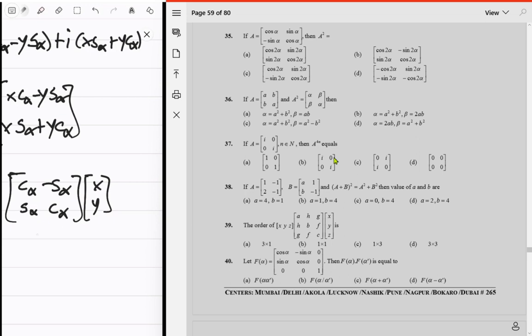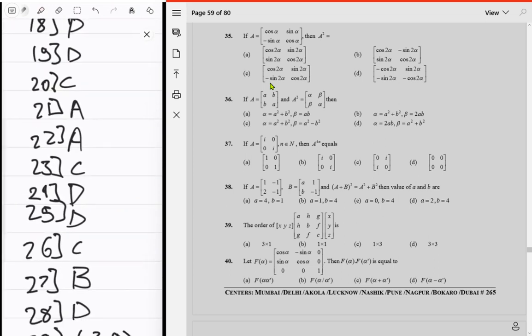This rotates by alpha, and over here, it's negative sine alpha, as if you replace alpha by negative alpha, so it's rotating in the reverse direction, clockwise by alpha. So then A squared just rotates by 2 alpha clockwise. So then it should just be that. Exactly, just C. So that's no big brainer.